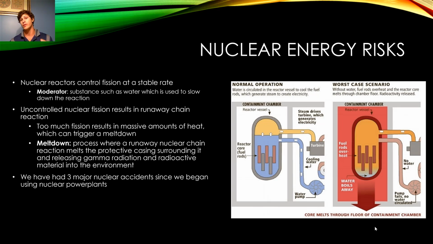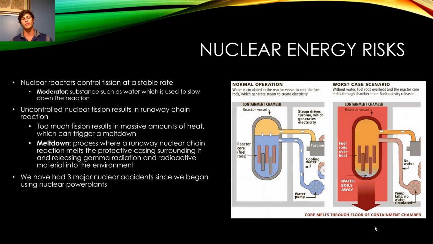Once this nuclear fuel is melted, so it's no longer in a solid state, it is now in a liquid state, it can actually become so hot that it escapes the nuclear containment casing and then gets exposed into the larger environment. This is a serious problem because once the nuclear material is released into the environment, it can interact with different ecosystems around us as well as human health.